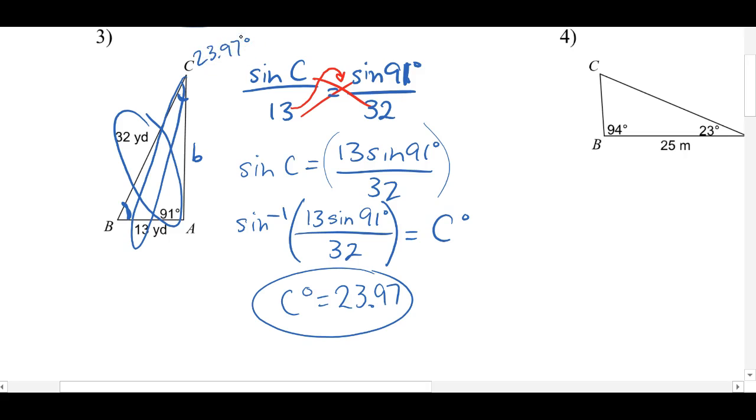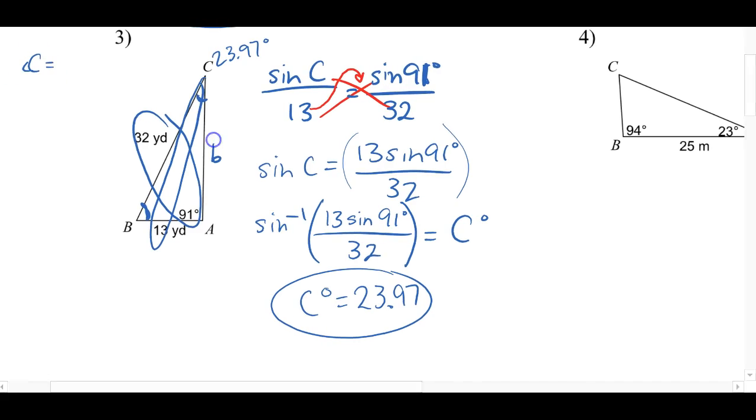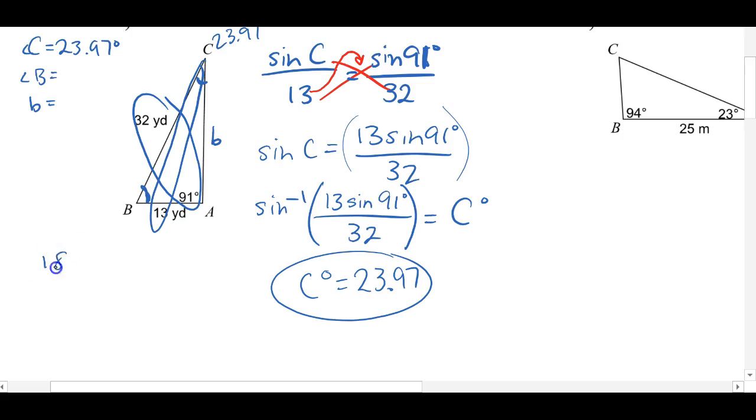Okay, but remember, first we're looking for angle C, we're looking for angle B, and for side B. So we have an angle, and we can find the other angle by just simply doing 180 minus the other two angles added up, or the sum of the other two angles.